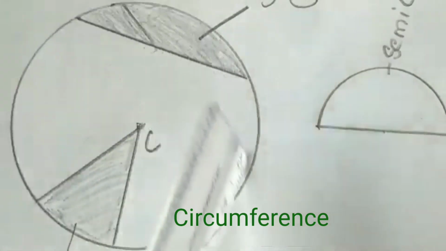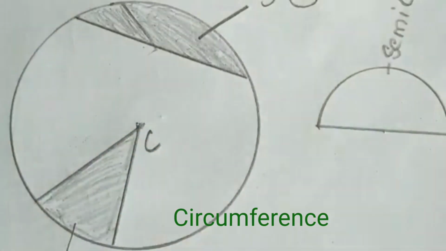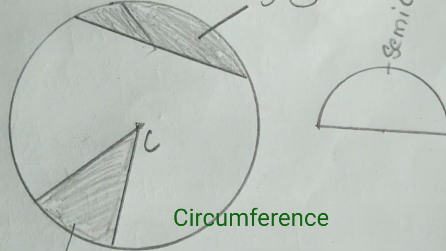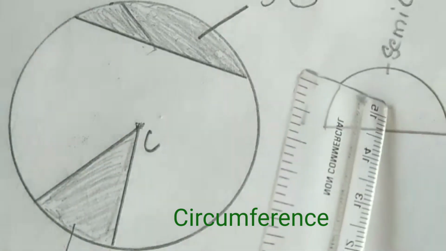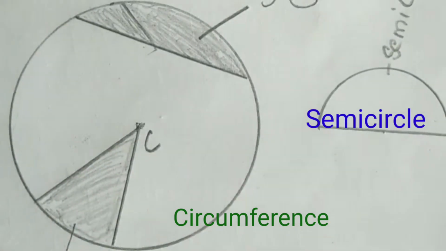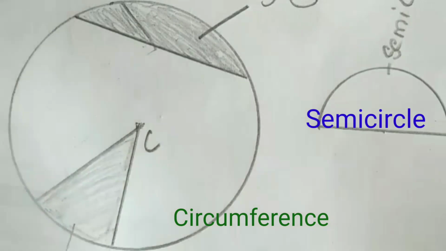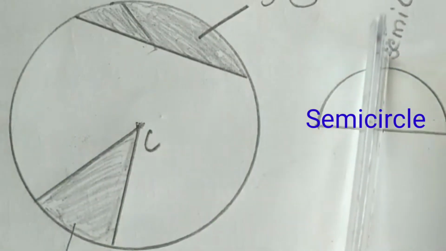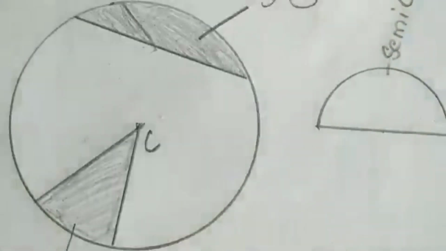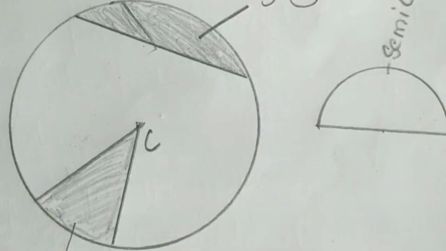This length around the circle is called the circumference of the circle. And half of the circle is called a semicircle, that you have learned. And 1/4 of the circle is known as a quadrant. That is, again half of a semicircle is called a quadrant. Understood? So these are the parts of a circle.